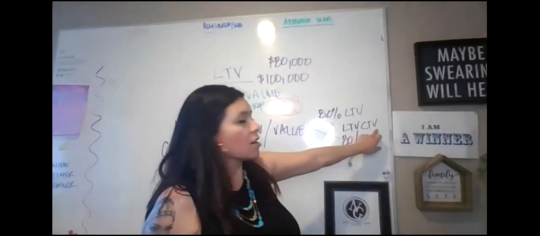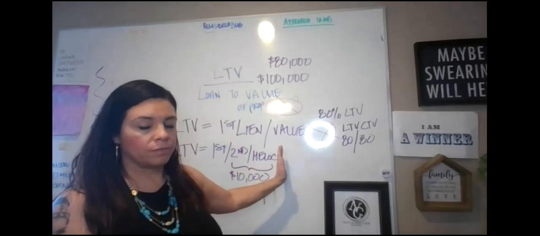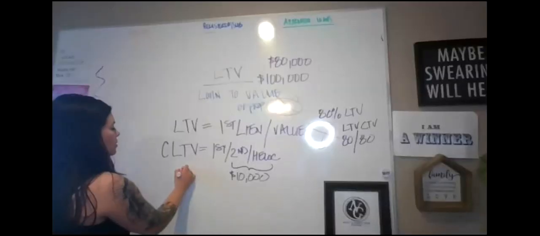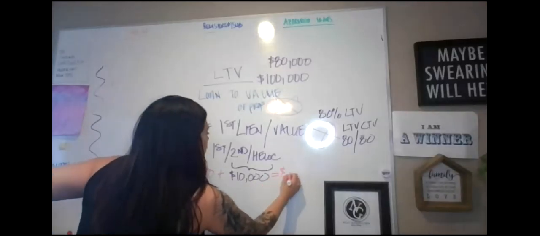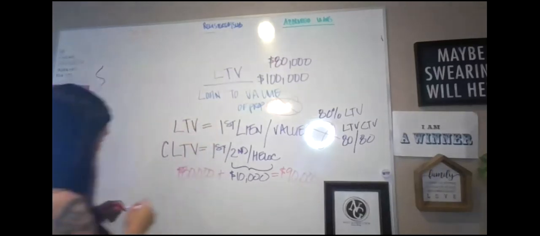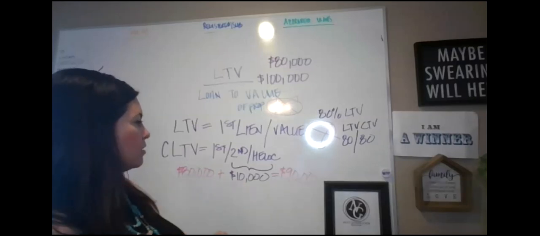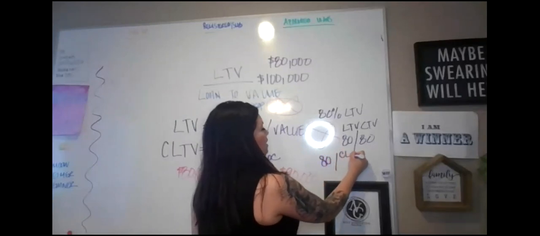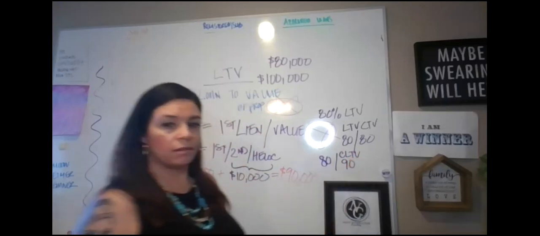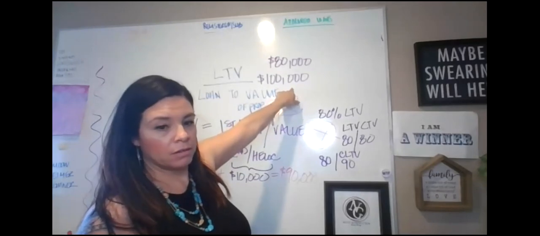The CLTV here is going to include anything after a first mortgage. So we have our first at 80, the second or HELOC with 10,000, then your LTV is still 80, but your CLTV is now 90 because we're 90 of the 100,000. Okay.